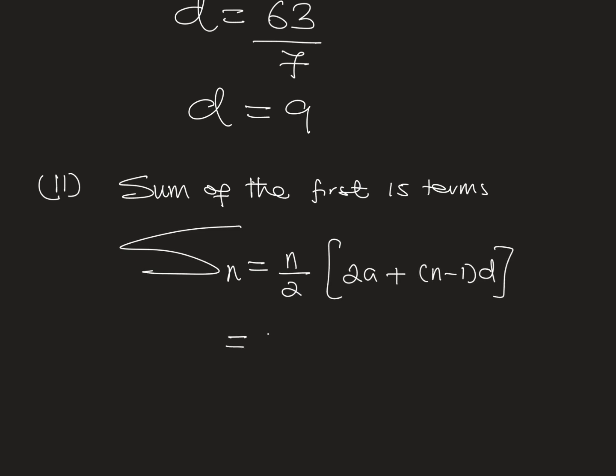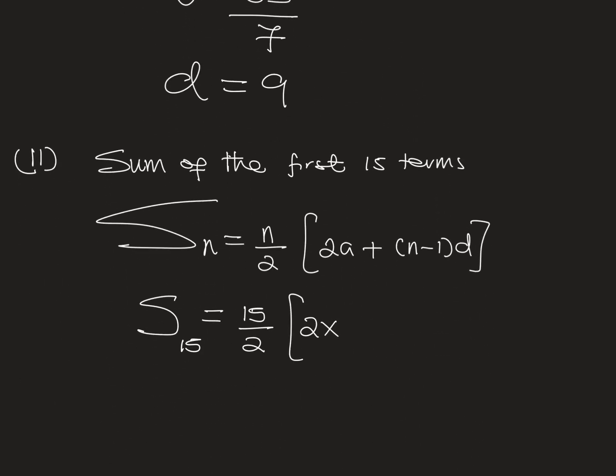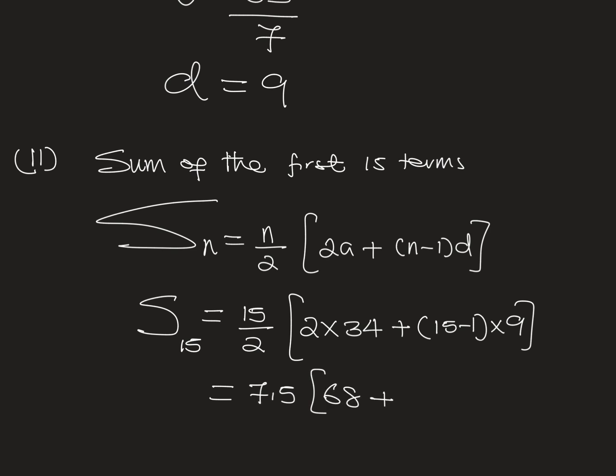The sum of the first 15 terms, that is S sub 15, is equal to 15 over 2 into 2 times a, which is 34, plus n, 15 minus 1, times the difference, 9. So 15 divided by 2 is 7.5 into 2 times 34 is 68 plus 15 minus 1 is 14. That will be multiplied by 9.